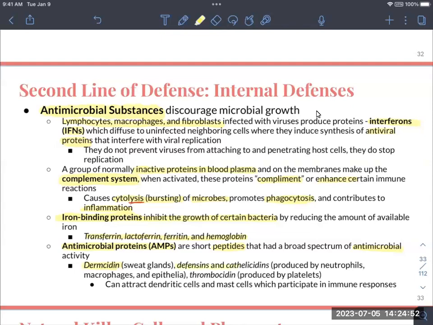Defensins, cathelicidins, these come from neutrophils, macrophages. Thrombocidin, platelets produce these. So they can attract these dendritic cells and mast cells to the area to help participate in different immune responses when we find cells that may have been infected, or we find specific microbes even in the area.